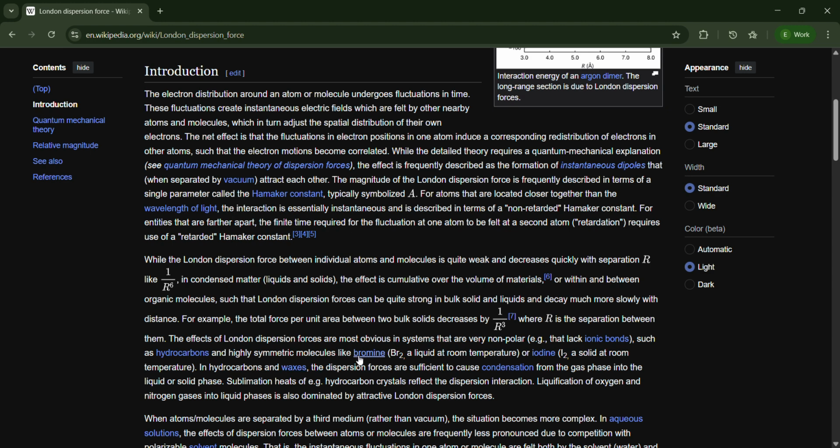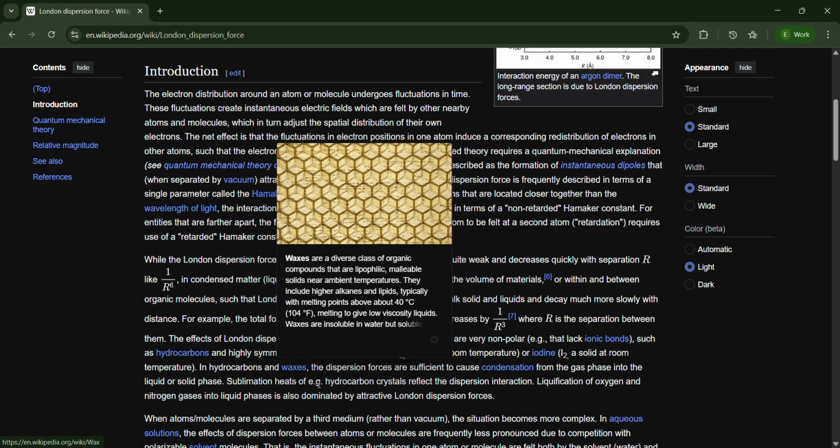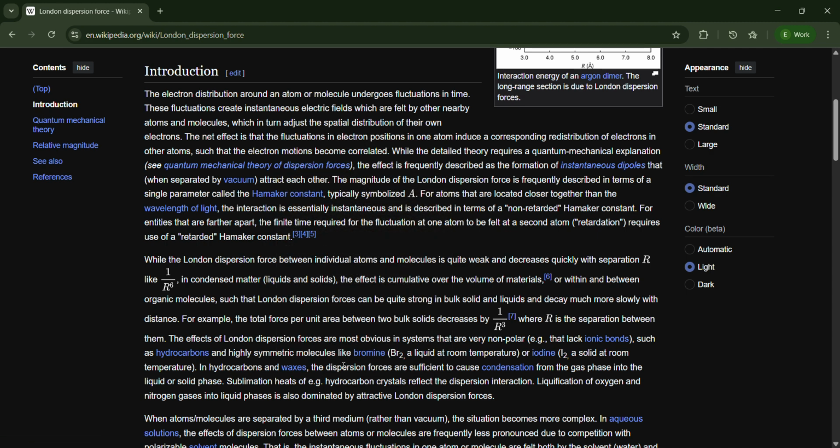The effect of London dispersion forces is most obvious in systems that are very non-polar, that is, that lack ionic bonds, such as hydrocarbons and highly symmetrical molecules like bromine, a liquid at room temperature, or iodine, a solid at room temperature.